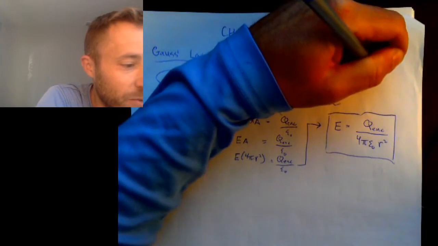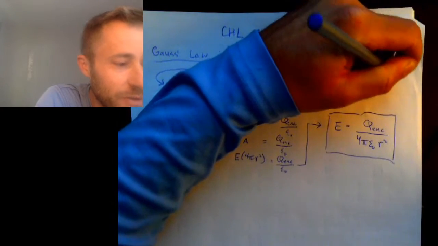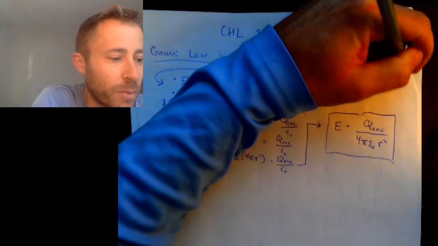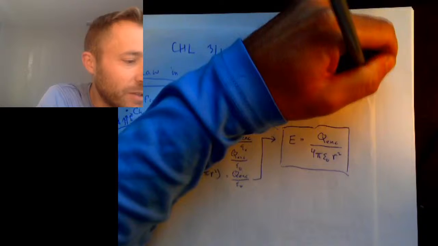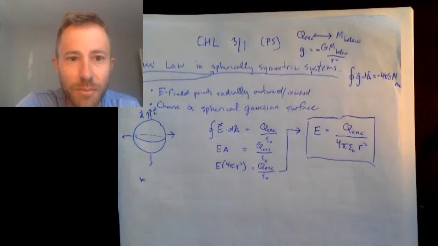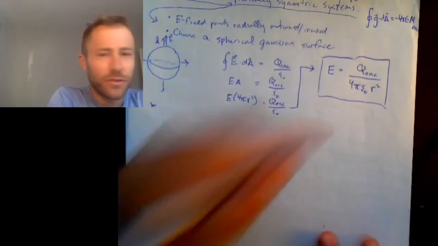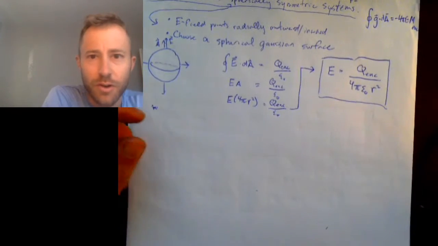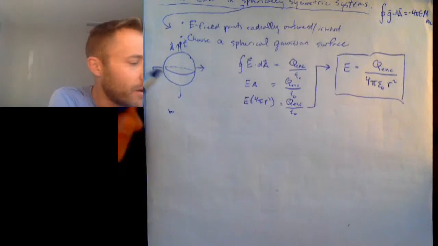It says that the flux of the gravitational field is equal to minus 4 pi G times the mass enclosed by the Gaussian surface. Kind of interesting, huh? It's the same law, exact same law. Okay, so this lesson is all about practicing this.